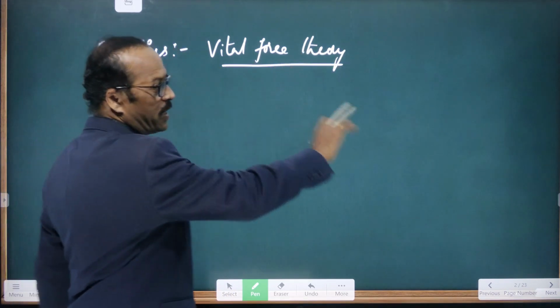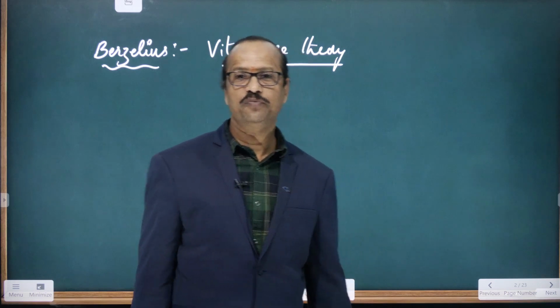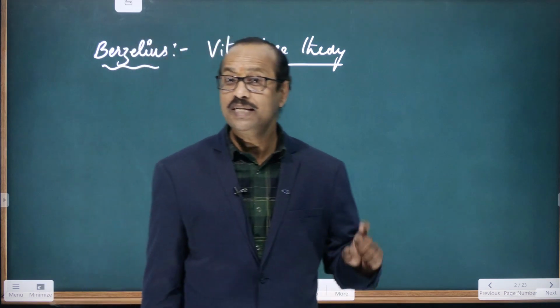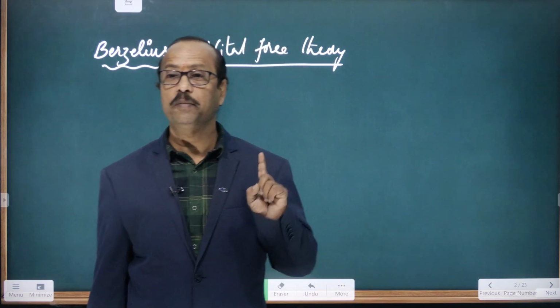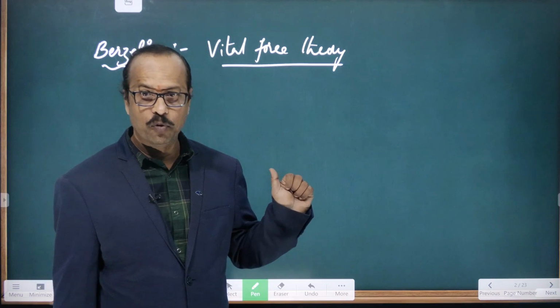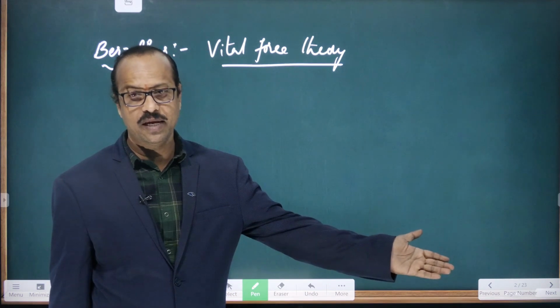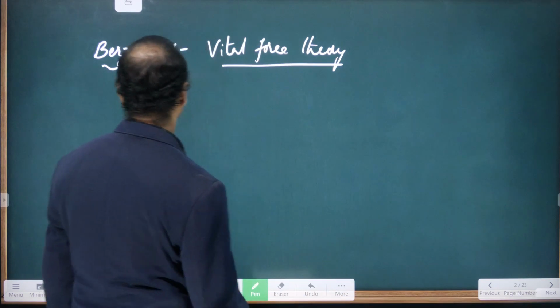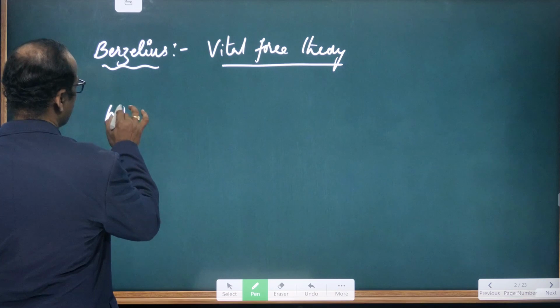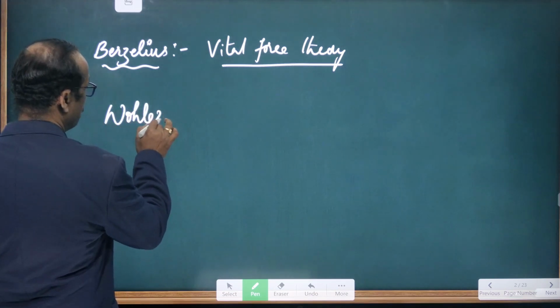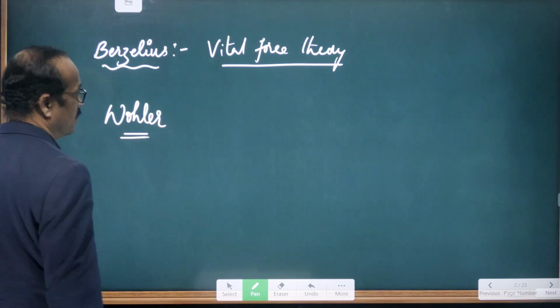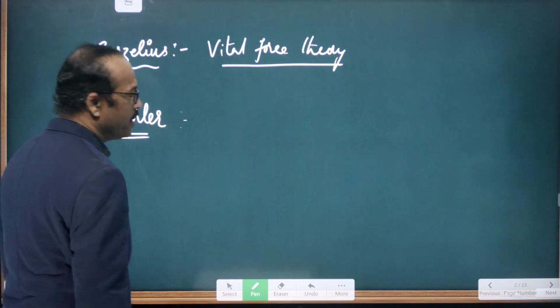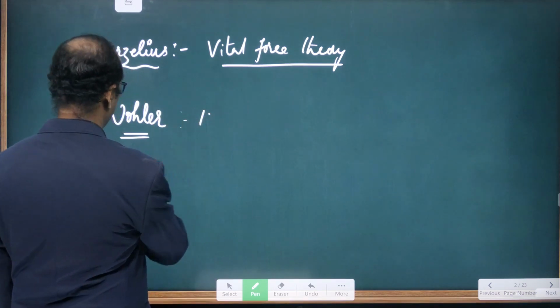To prepare organic compounds, a vital force, a force present in living organisms, is required. We cannot prepare those organic compounds artificially in the laboratories, right? Then another scientist called Wöhler. Observe, the names are very important here. So Wöhler, in the year 1828, in which year?